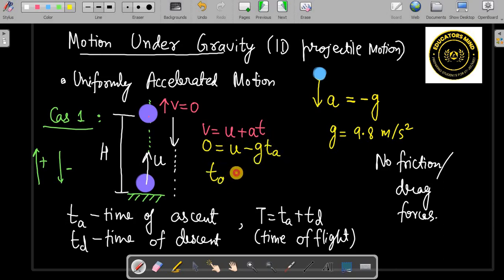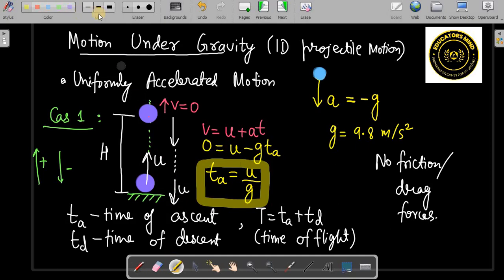So the time of ascent you will get as u by g. This formula we should note: time of ascent is u by g. Similarly, time of descent will also come. Studying from top to bottom, while it is coming back it will gain its original speed at the ground, so the final velocity will be u only.